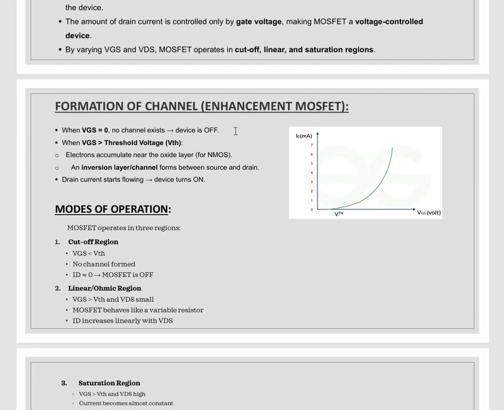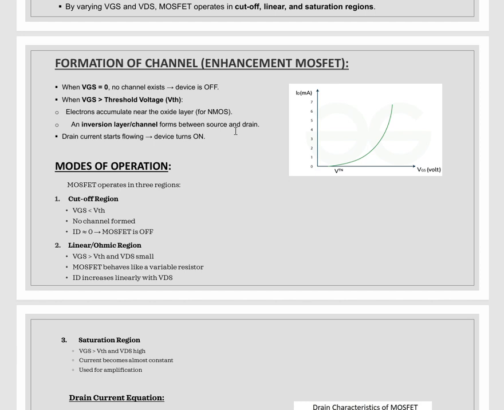Formation of channel. When VGS equal to 0, no channel exists. It means the device is off. And when VGS is greater than threshold voltage, electrons accumulate near the oxide layer for NMOS, and an inversion layer or channel forms between source and drain.